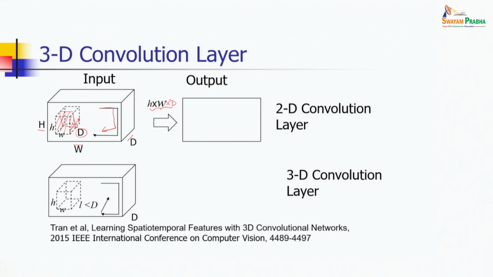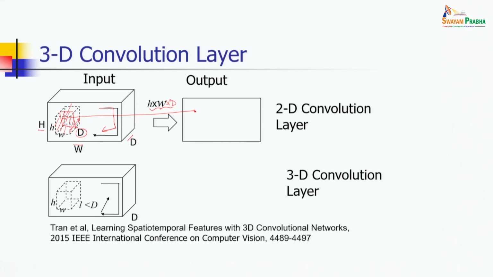But h cross w implies that there are d such h cross w masks, and when we compute, every filter produces only one single output at every point. Consider any plane along this depth: it will produce simply one single output, because the whole thing has been considered as a convolution. So this is how the 2D convolution takes place, and this we have understood.